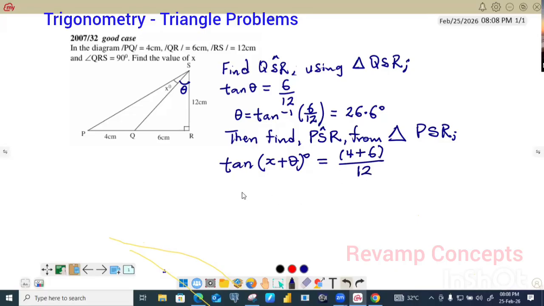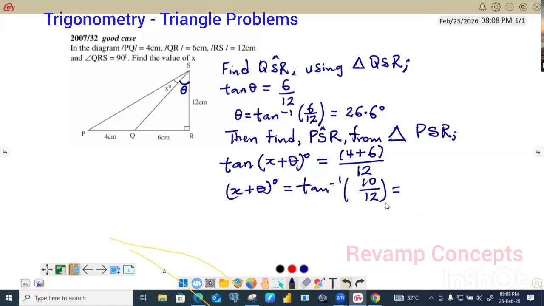That is 10 over 12. So X plus theta will be equal to tan inverse of 10 over 12.